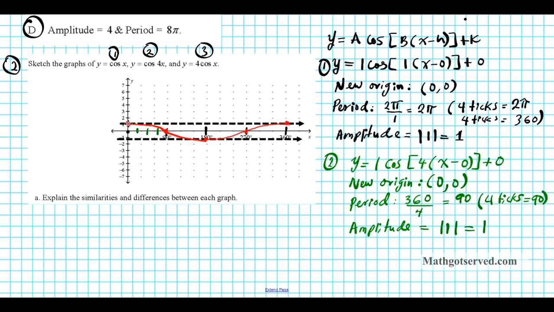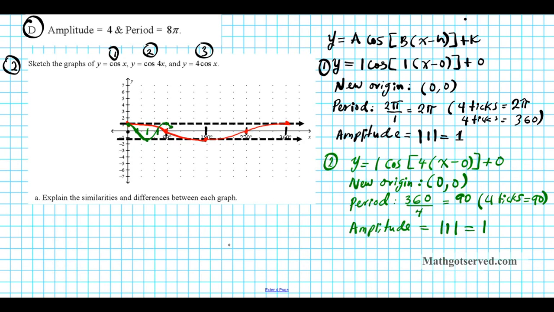Starting from the max, we have max, center, min, center, max. That's one complete period. We can see that it is much smaller than the other one. It has a much compressed period. So we graph it like that, and that pattern basically continues for the entire region. That's our second function, function number 2.